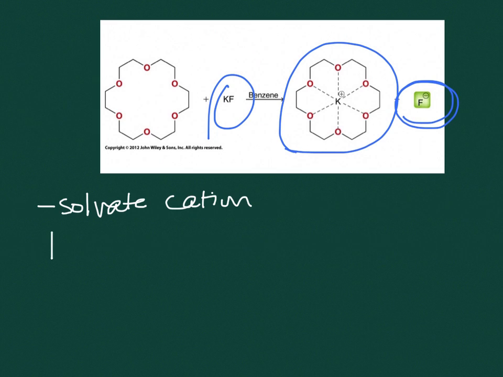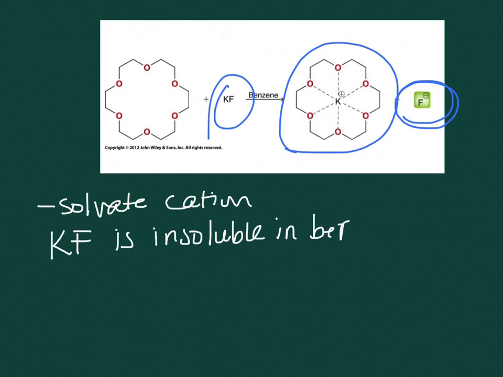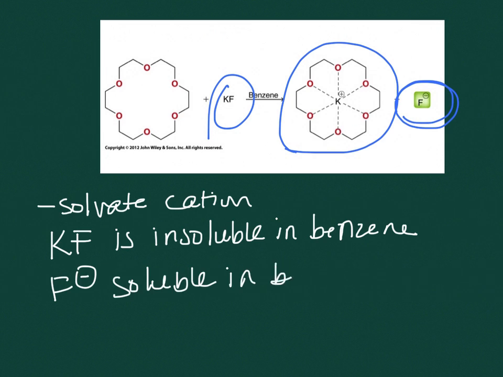Typically, KF is insoluble in benzene. When you can solvate a cation and release the F- so that it's soluble in benzene, it can then act as a nucleophile.